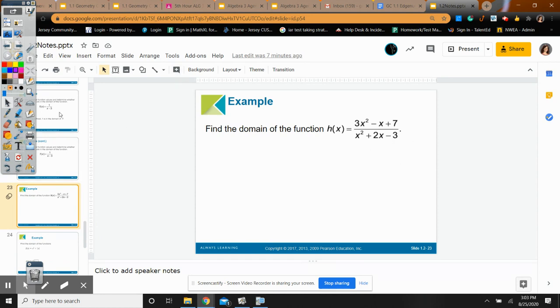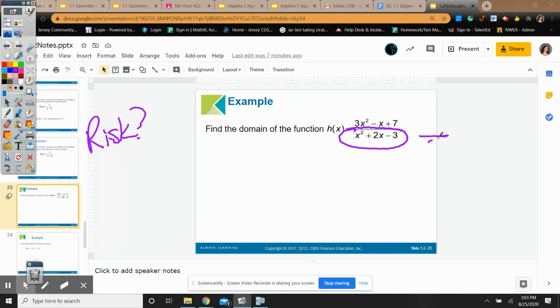So look at this guy. Is there a risk factor? And the answer is yes. I cannot divide by 0. So the denominator, x squared plus 2x minus 3, cannot equal 0. So I have to figure out what would make it 0. How do I figure out what x is?